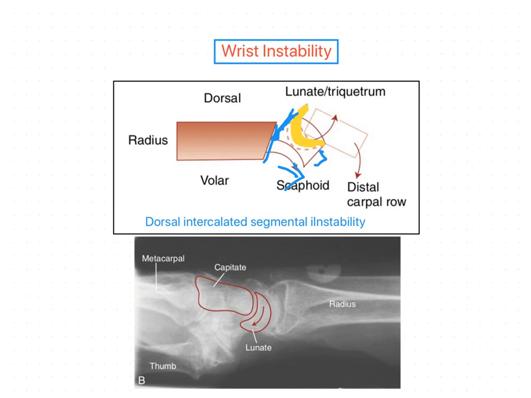The remaining two bones combined together form an unstable segment, because those two bones will have interosseous ligament attachments. So now the scaphoid becomes an unconstrained segment, and then the lunate and triquetrum together act as an unstable segment, following their natural tendency. How will they move? They are going to extend.